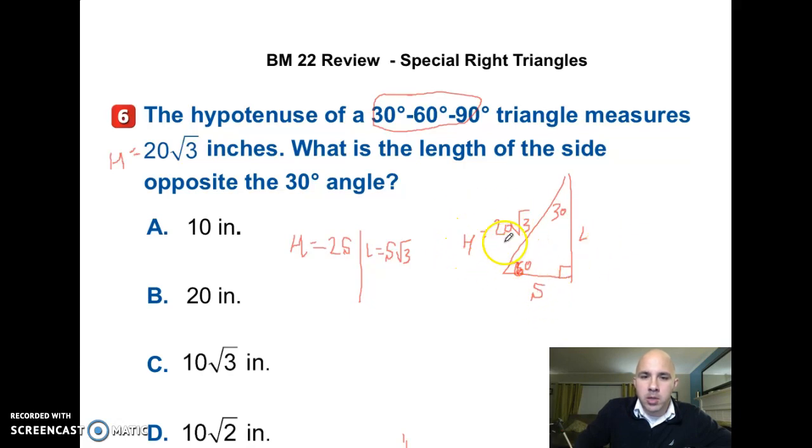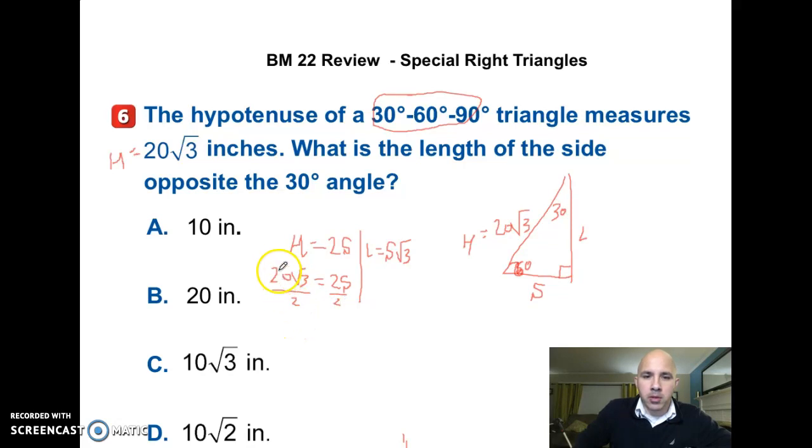So let's use that H, and let's bring it over here. That H represents 20 square root of 3, which equals 2 times your shorter leg. All right, let's divide both sides by 2.